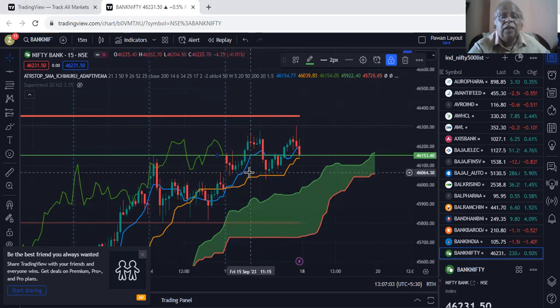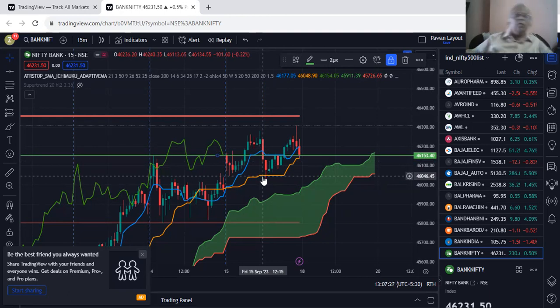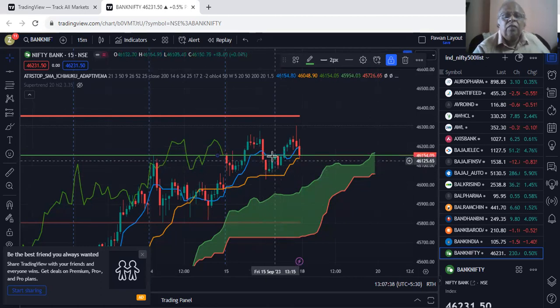So aggressive players can identify the potential target here itself. After entering the trade, the potential buyer can just visualize that the stock may move up to this level, 46,048, and here one can exit. For immediate profit, one can exit.